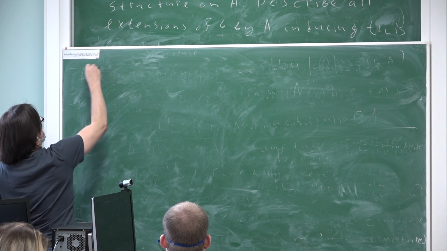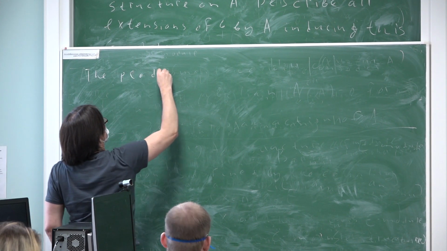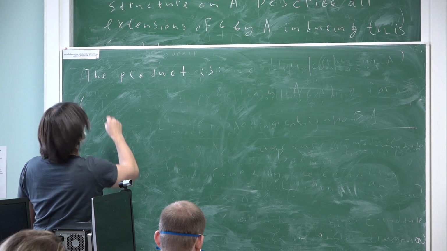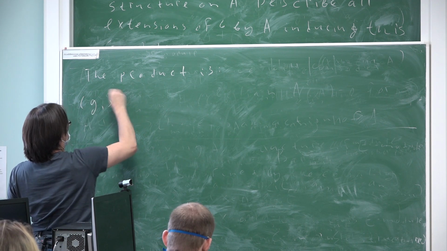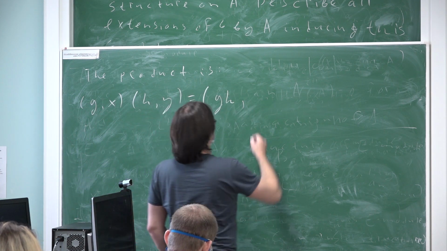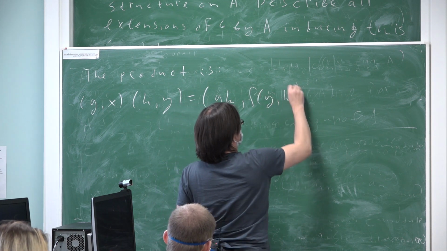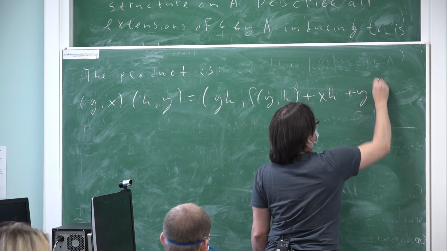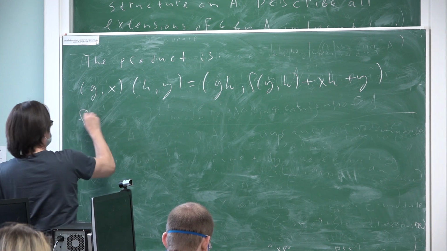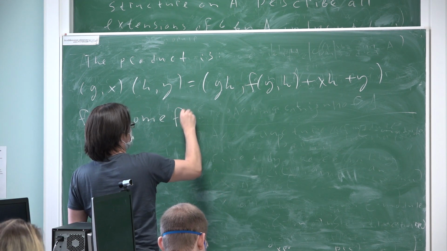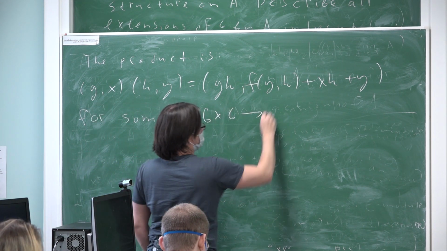And so the formula for the product is: if you multiply gx by hy, you get gh, and here you get f of gh plus xh plus y, for some f from G times G to A.